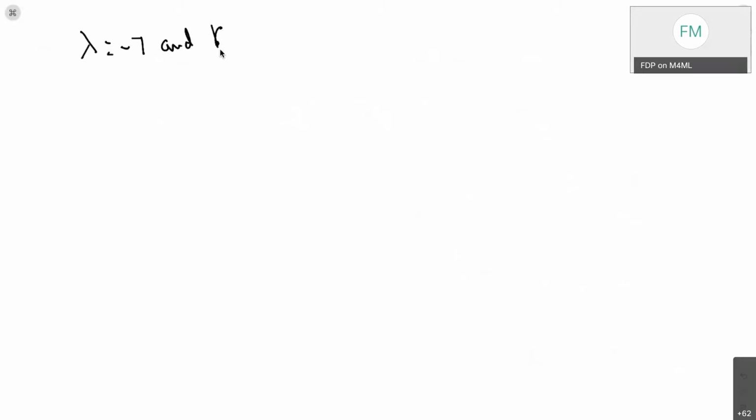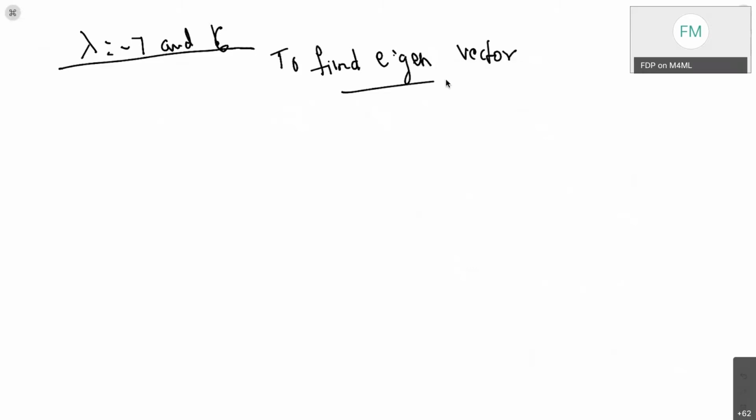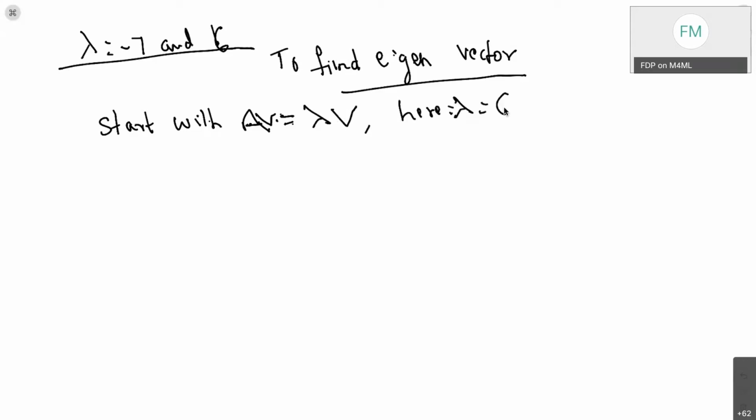Now to find the eigenvector, let's start with Av equal to lambda v, where we consider lambda equal to 6.